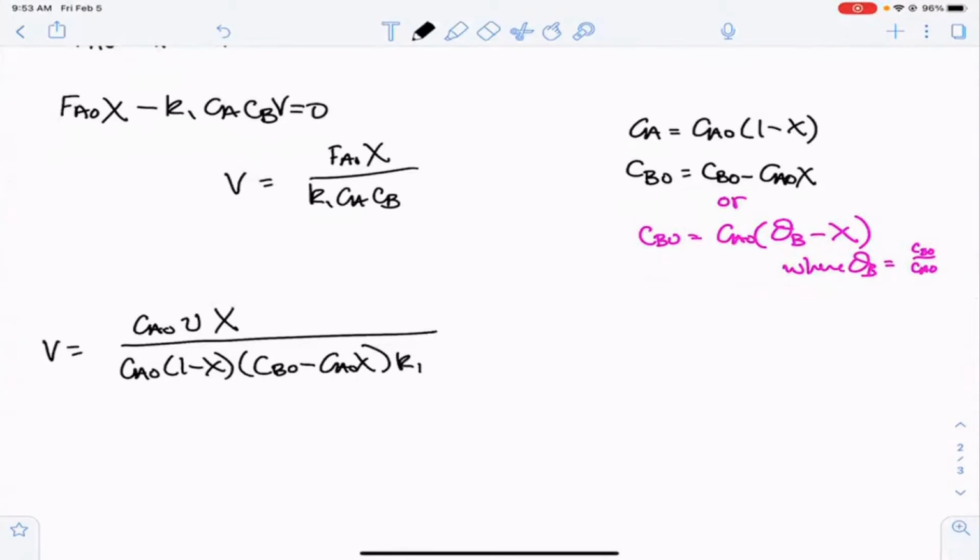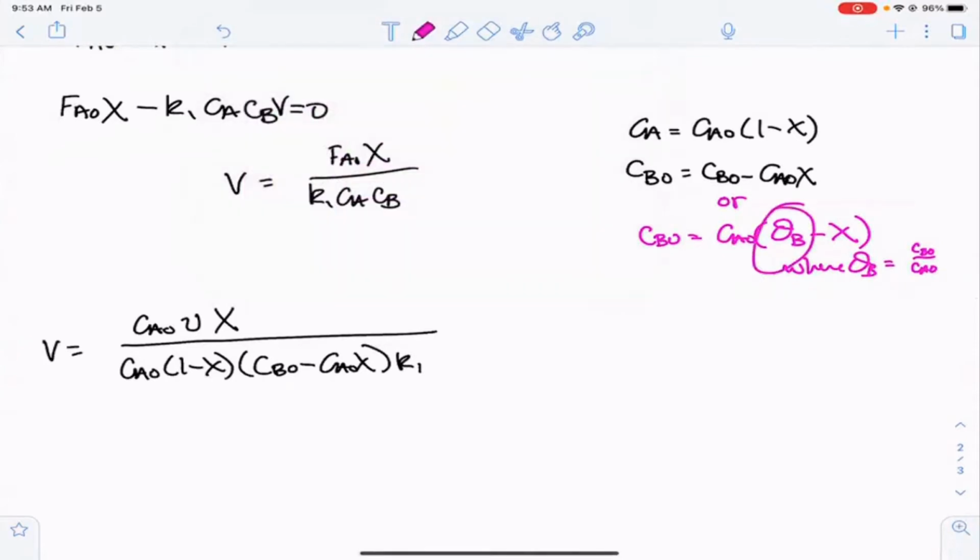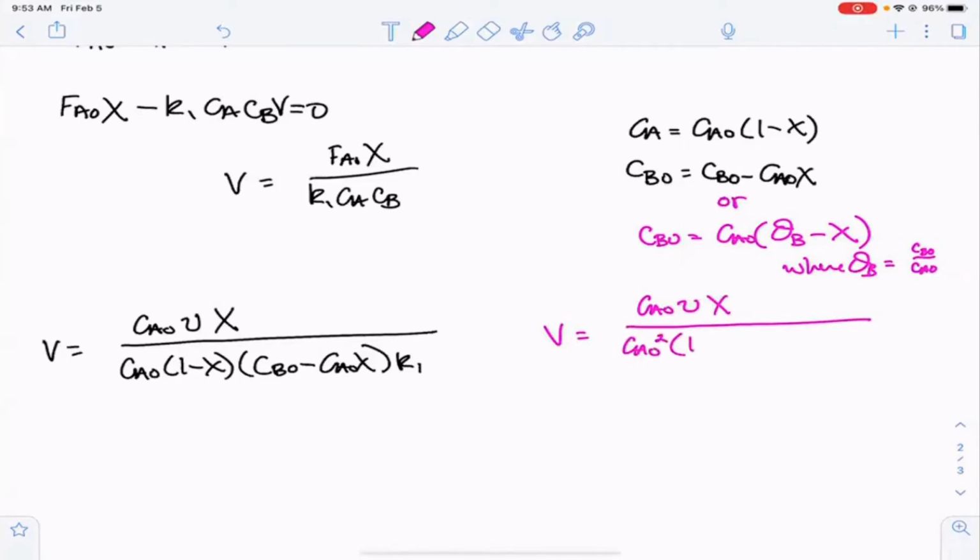That's sort of the black form of this equation. If we wanted to use theta, we could write an equivalent expression and find that the volume of our CSTR would be equal to CA0 times the volumetric flow rate times X divided by CA0 squared times 1 minus X times theta B minus X times K1.